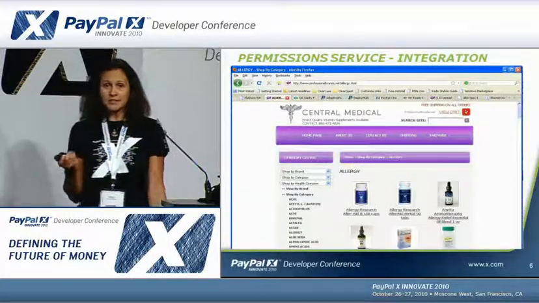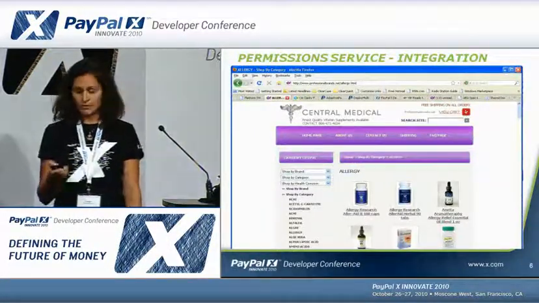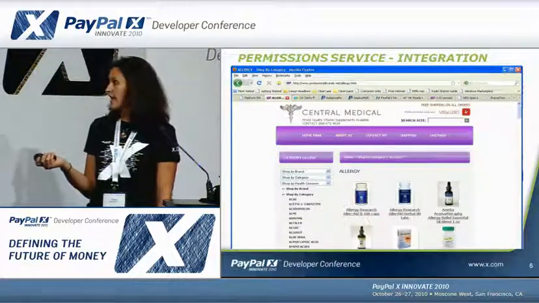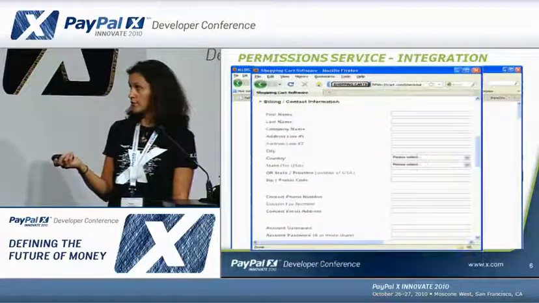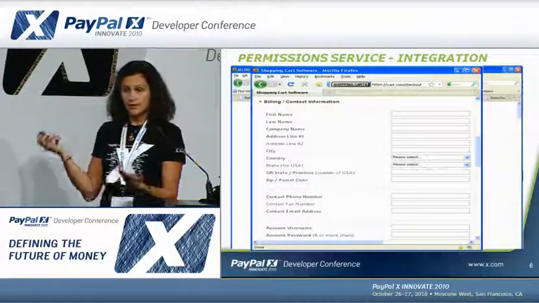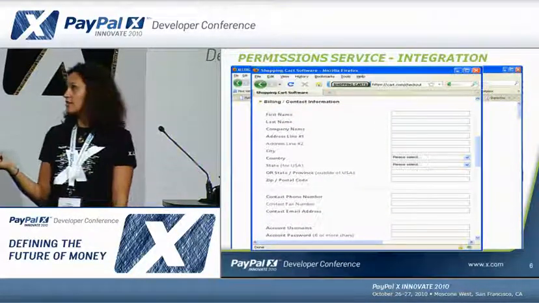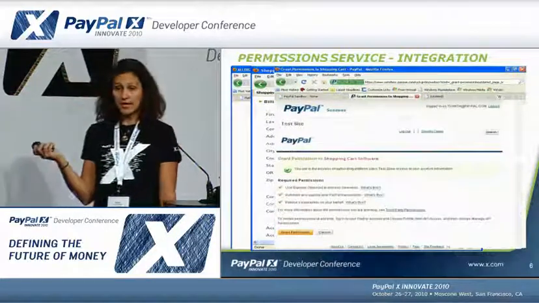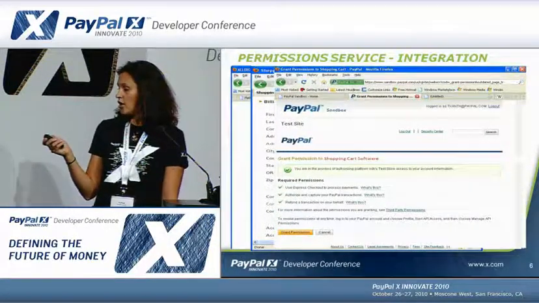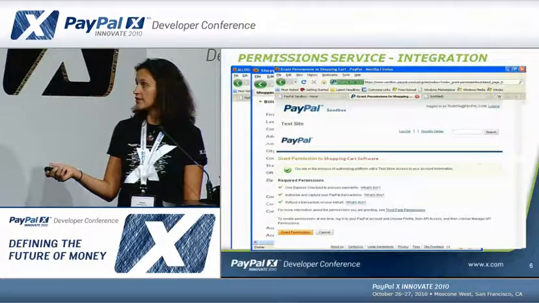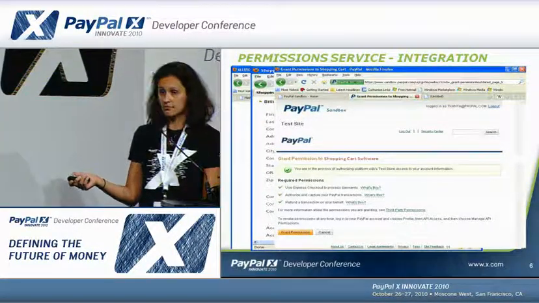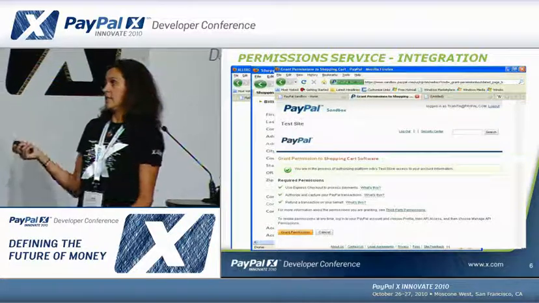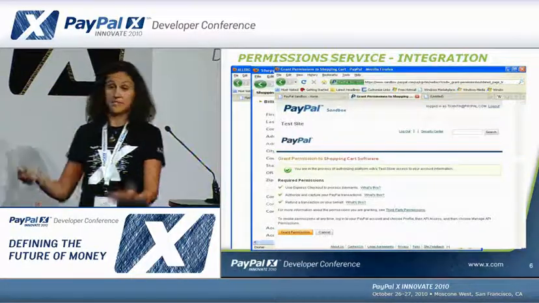So after integrating with permission service, the experience will look something like that. So again, let's say I need a shopping cart. So I'll still go to the provider, create an account, fill out applications, and after that I'll be redirected to a page where permissions are listed right here next to the green check marks in plain English, basically saying, please grant me permissions.